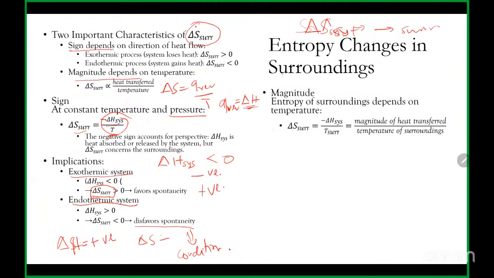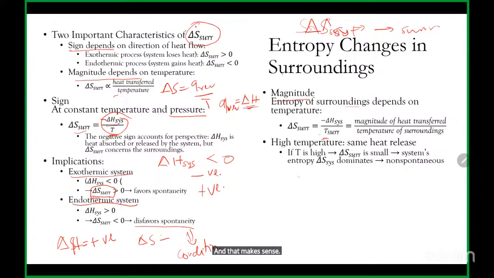Okay, the other one that we said is the magnitude. The magnitude of the entropy depends on temperature at a constant T. And that makes sense because if you have a large denominator, then your quotient will be small.